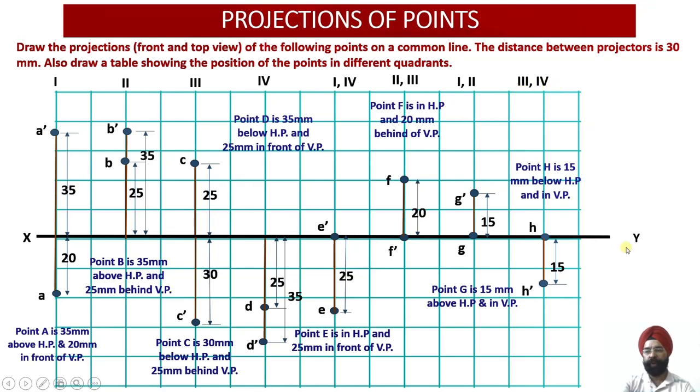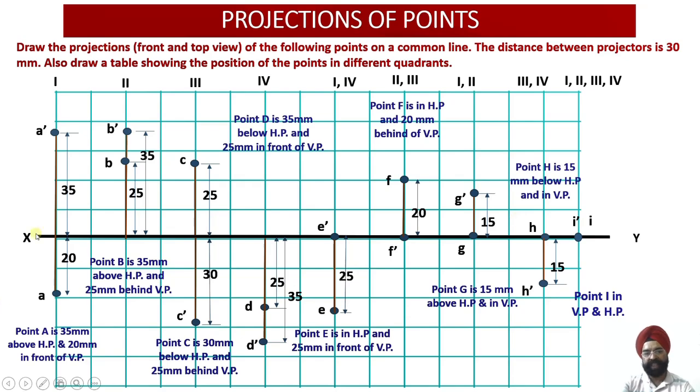And finally you have point I. This point I lies both in HP and VP, so obviously both the projections, I and I dash, will be coinciding with each other and they will both lie on the XY reference line, and the quadrants for point I are 1, 2, 3, 4.